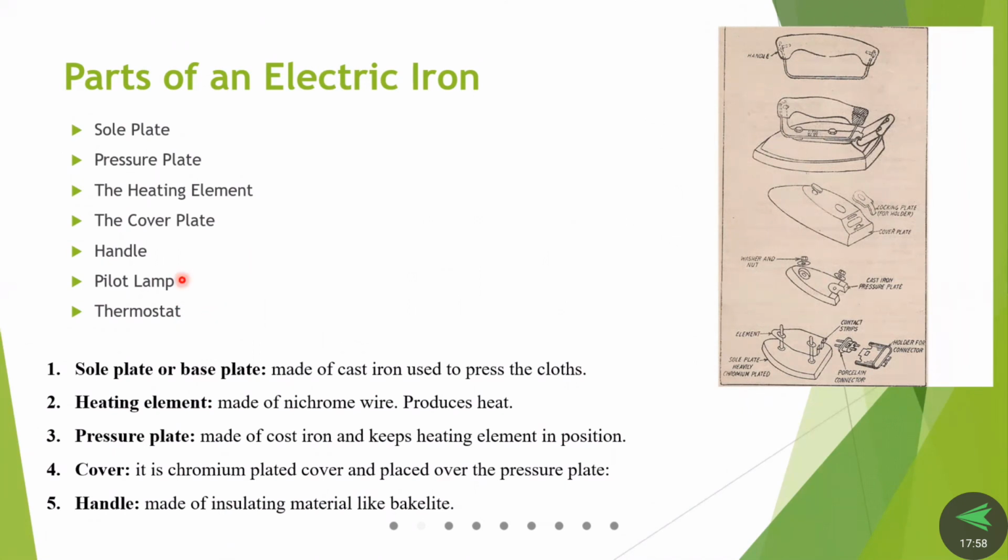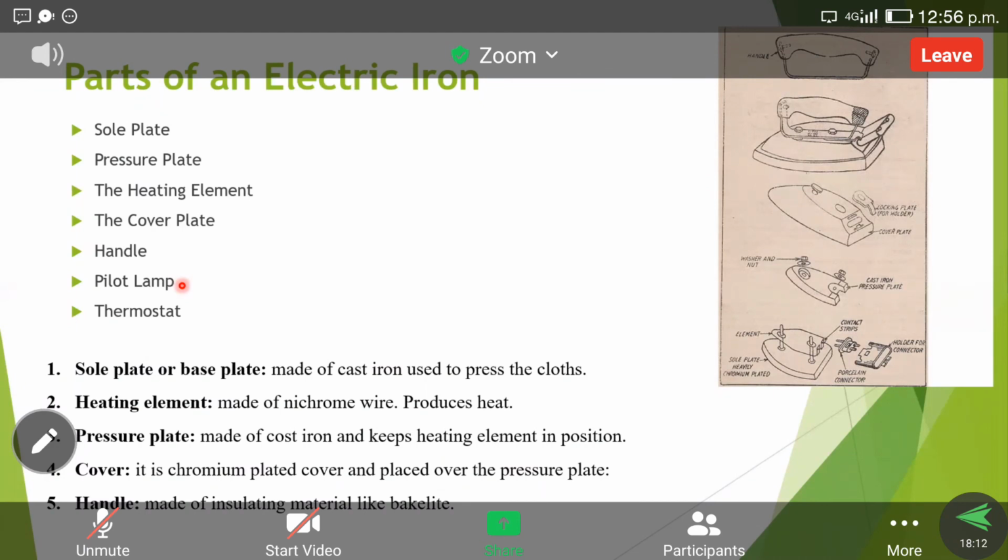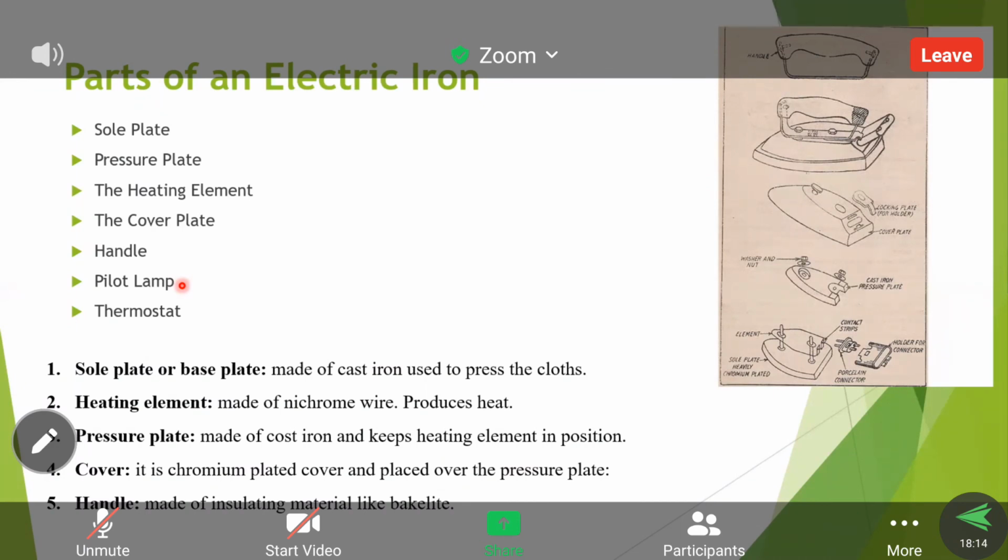Pilot lamp is generally used for the automatic type as well as the non-automatic type to determine if the power supply is present or absent. So those are used for pilot lamps. Already we know that the cover plate is generally made up of chromium and it is covered by means of a pressure plate.